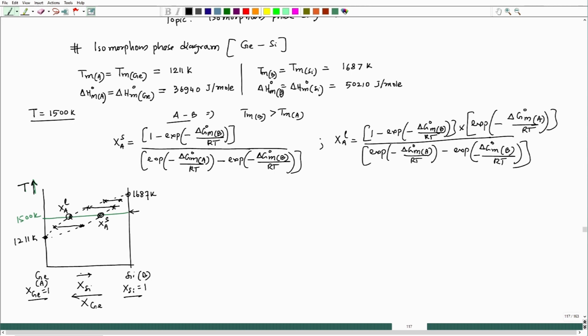So, now we will try to calculate X A solid at 1500 Kelvin. For that, what will we need?